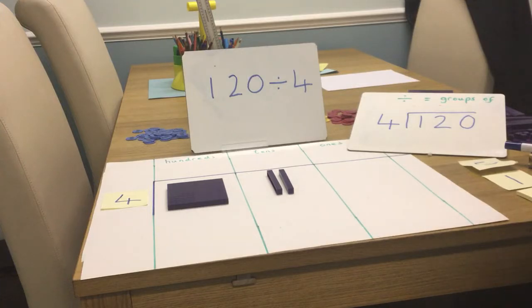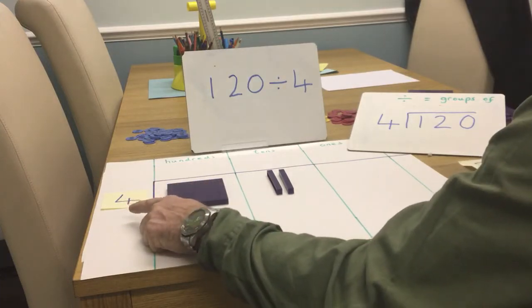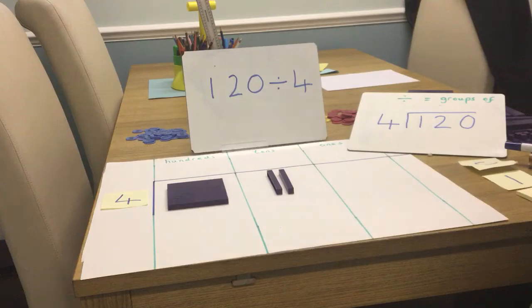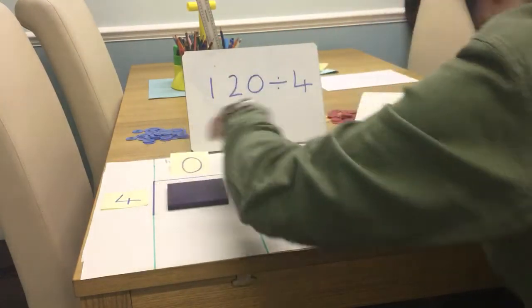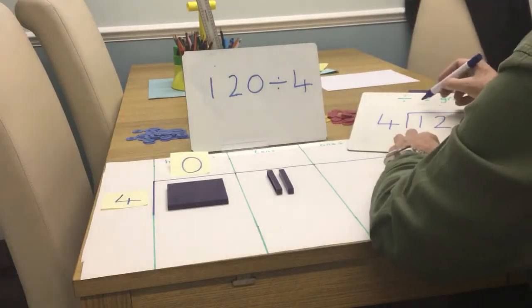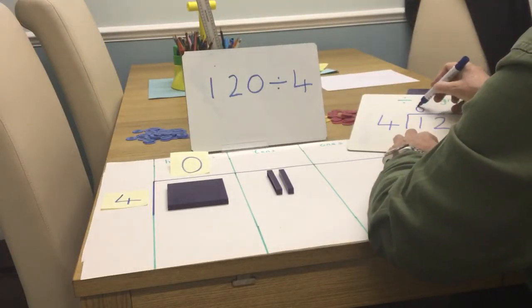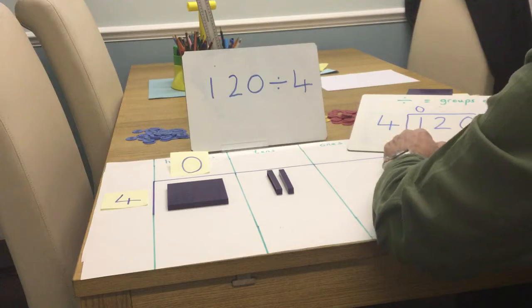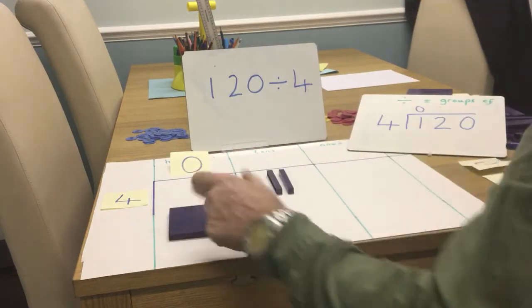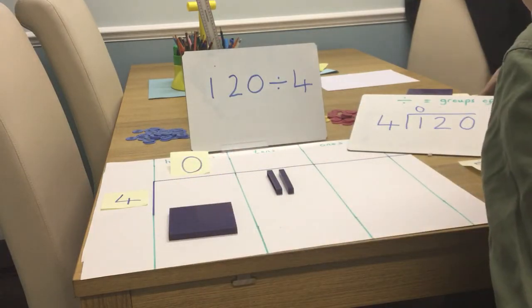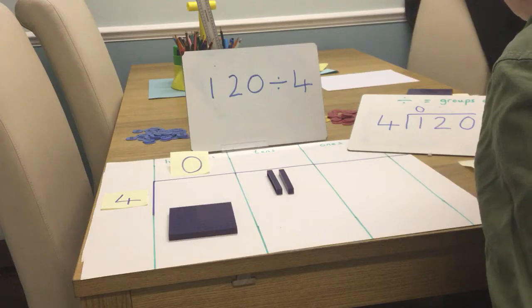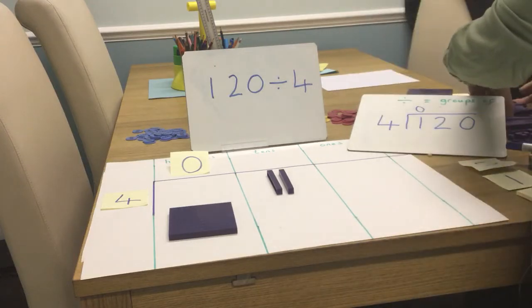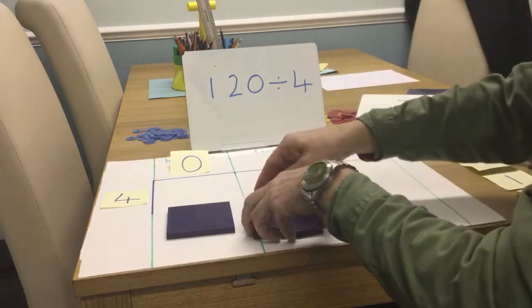Okay, so question number 1. How many groups of 400 can you make from 100? The answer is none. You can't make 4 groups because there's only one group there. So we put a 0 there. And we take the 100 and we're going to exchange the 100 for 10 tens.